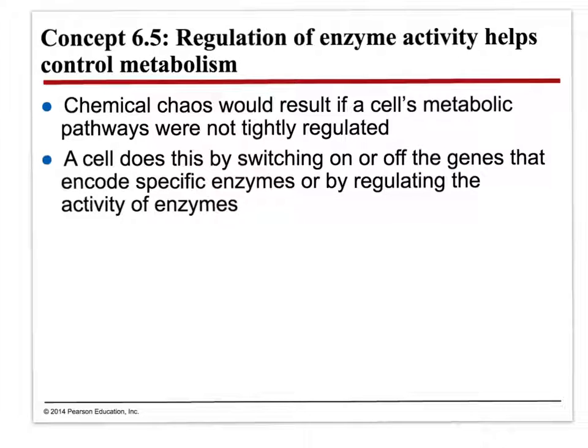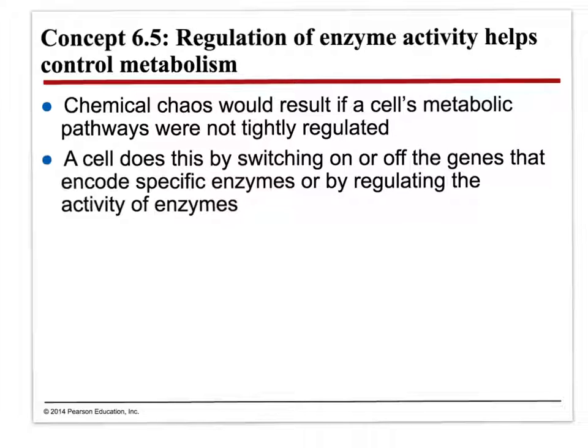So there's a couple different ways that cells do this. You can either regulate the production of an enzyme, whether or not it's made, but that tends to be an inefficient process. It takes a lot of energy input to get rid of an old enzyme and make a new one from scratch.